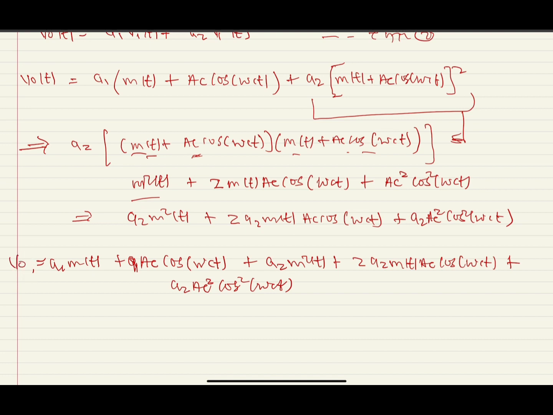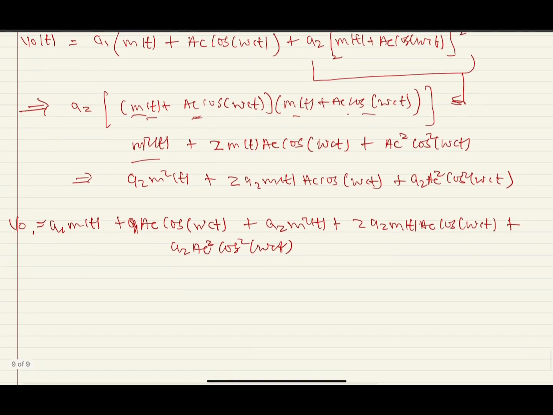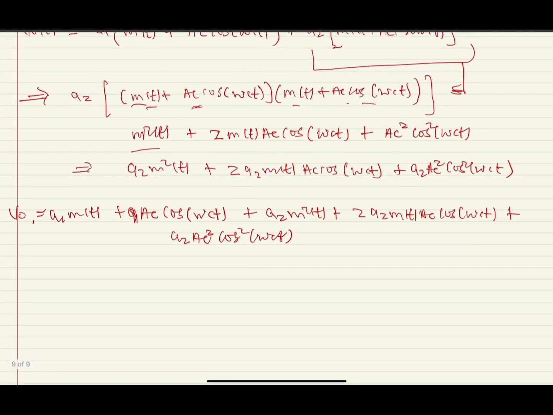This is the output V naught of the nonlinear device, and as you can see, whatever we passed through the nonlinear device, we didn't get the exact thing because of the nonlinear nature of this nonlinear device.